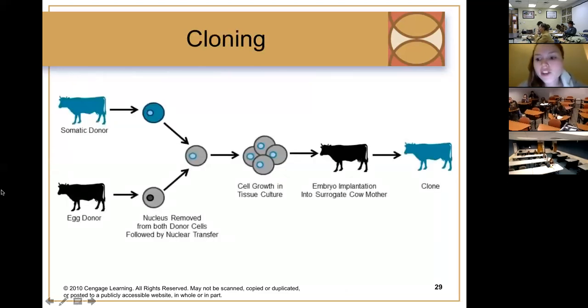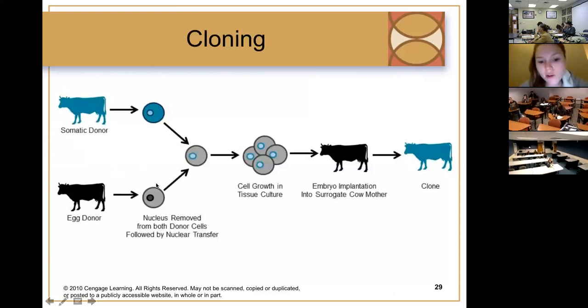Just to show you a little more about how cloning works, it's easy to talk about in genetics, but I think it'll make more sense after the repro lecture. You have your somatic donor. Somatic donor basically means this cell is essentially a stem cell. It hasn't been differentiated into any specific cell type, so it can be used. And then you have your egg donor.